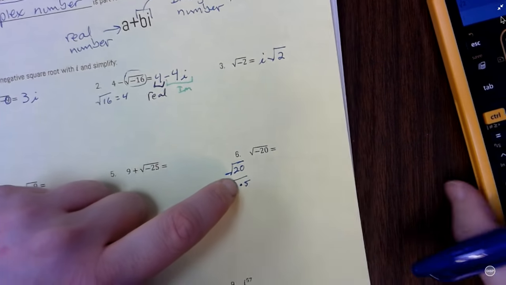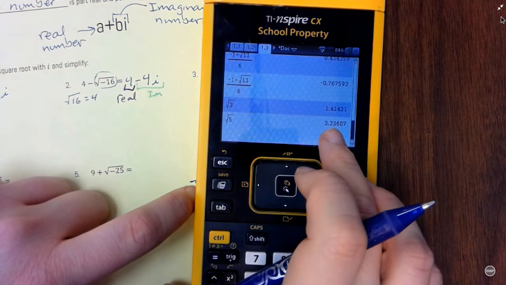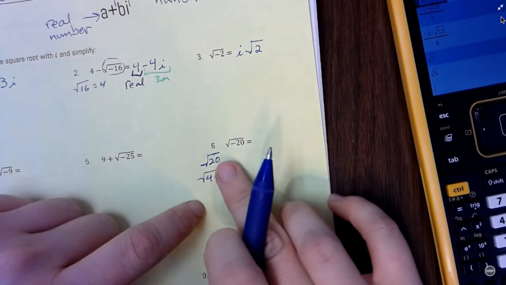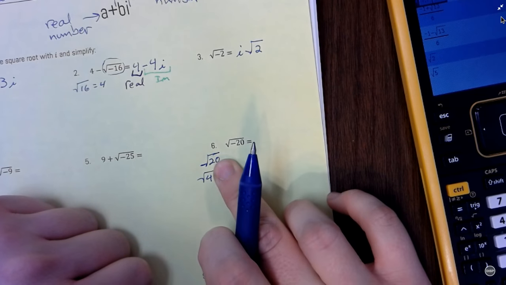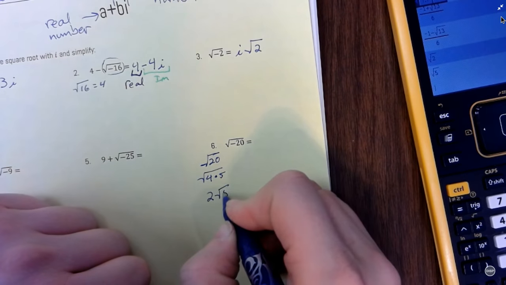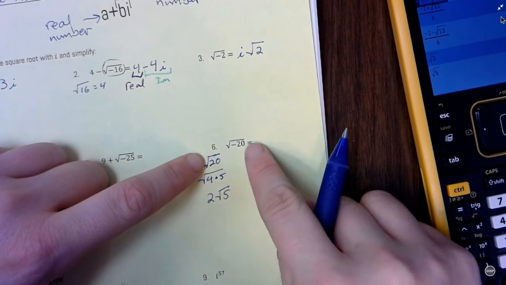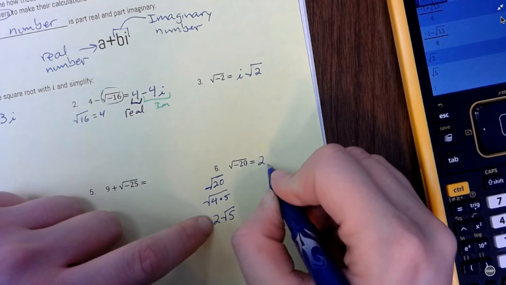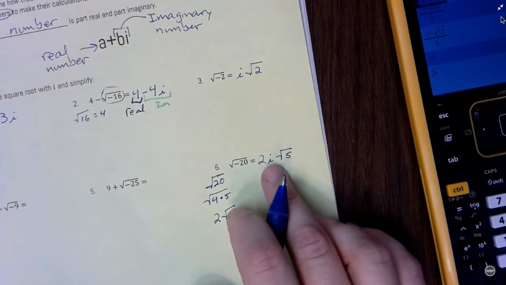The square root of 5 is this nasty number, so let's leave the 5 there. But the square root of 4 is just 2. So this is 2 times the square root of 5. But since I initially had a negative 20 and not a positive 20, I'm just going to put the i there. So I'm going to have 2i square root of 5. And there's my simplified version.